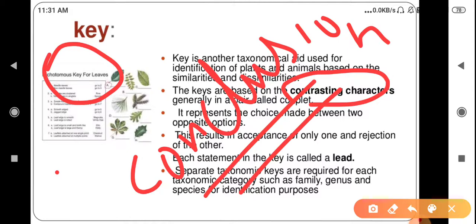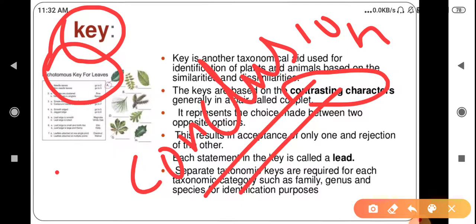This last topic was not that important, but you have to go through it, and here the key out of all the taxonomical aids is important. There are two or three types of key, and the dichotomous key is an example. What you have to remember is that the key is based on contrasting characters, and those contrasting characters are called a couplet. As you take two contrasting characters, like the leaf is monocot or dicot, that is a pair of characters, so you call that a couplet.